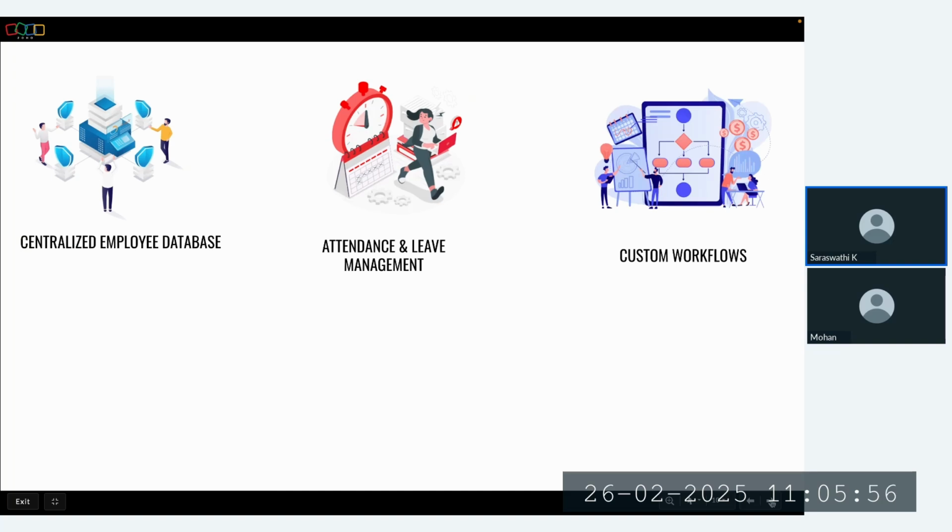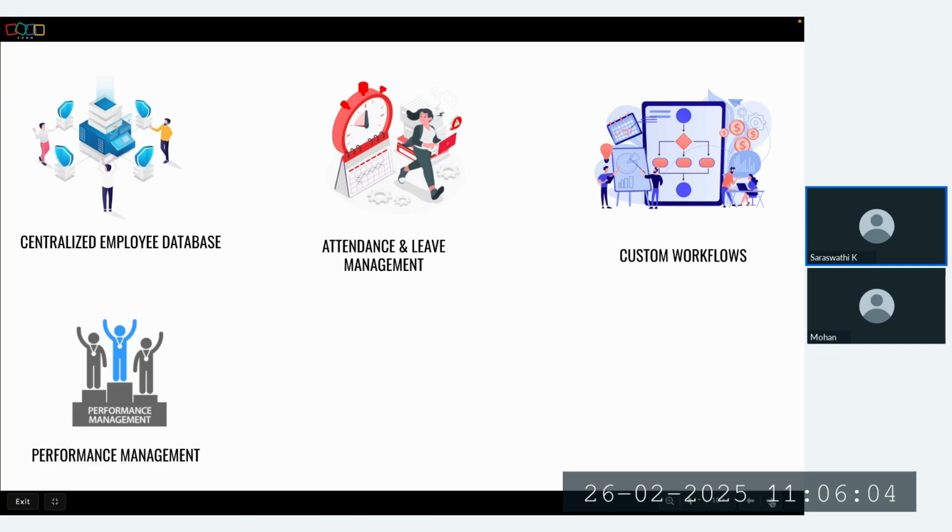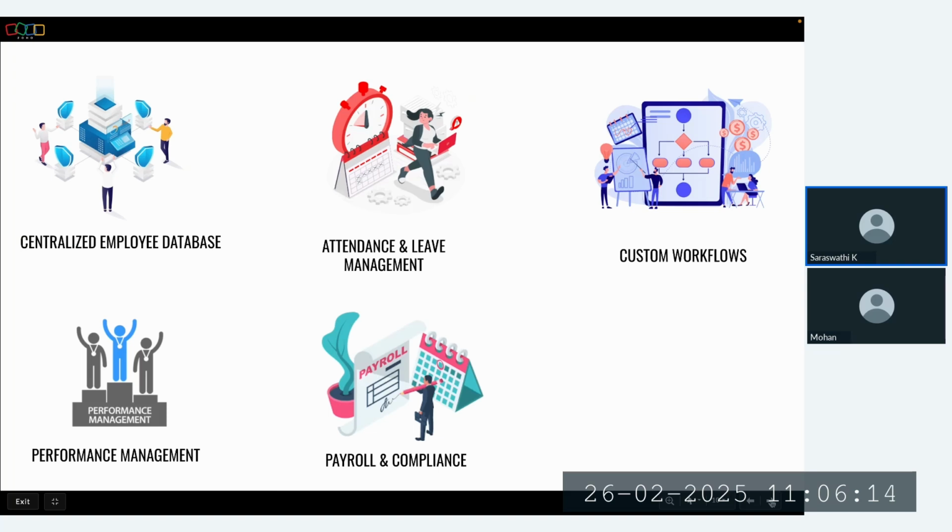Whether it was employee approval or policy update, Zoho People automated these processes. In performance management, HR could now set clear goals, track employee progress, and provide real-time feedback. And in payroll and compliance, salary calculations were now automated and accurate, ensuring employees were paid correctly and on time every time.